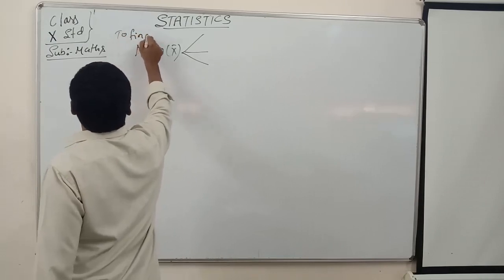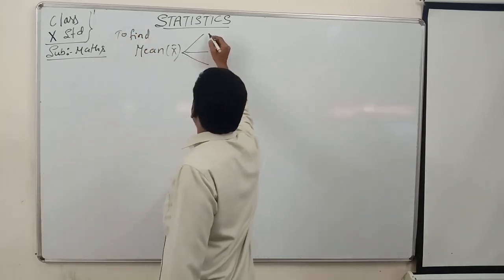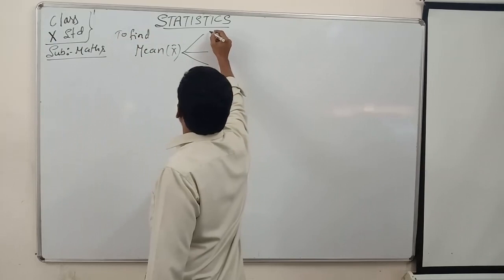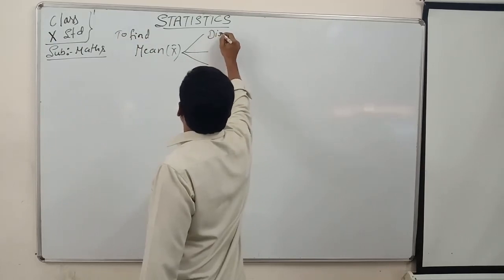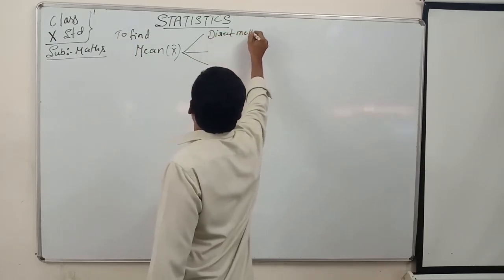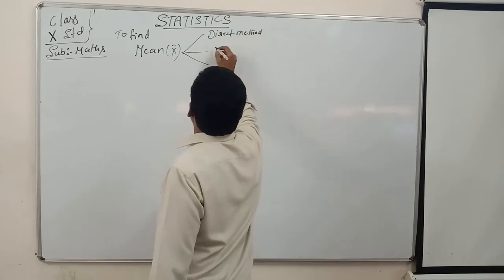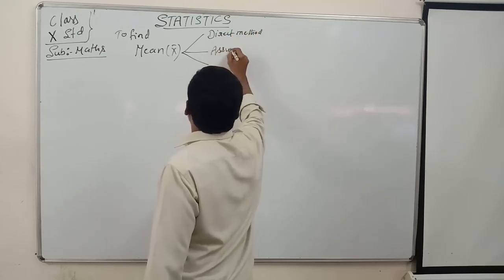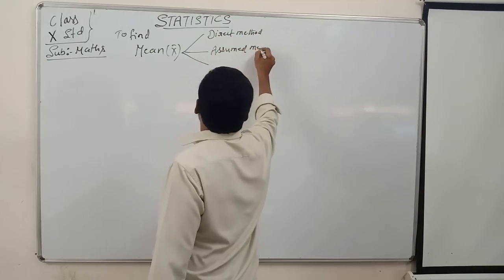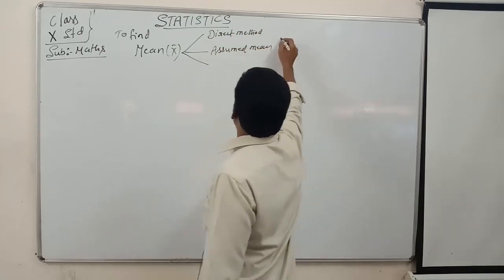To find mean: the direct method, and the assumed mean method, or shortcut method also you can say.